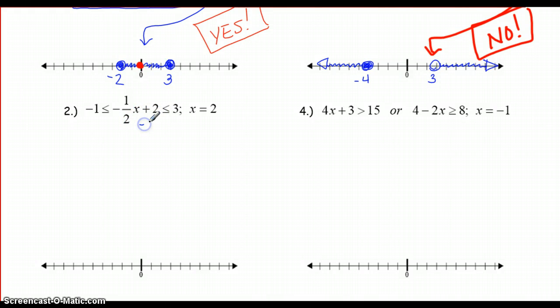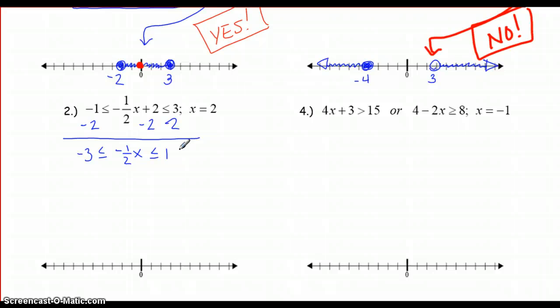So I'm going to subtract 2 from all 3 sides of this inequality. And when we do that, we've got negative 3 is less than or equal to negative 1/2 x, which is less than or equal to 1. Now to get rid of the negative half, we're going to multiply all 3 sides by negative 2.